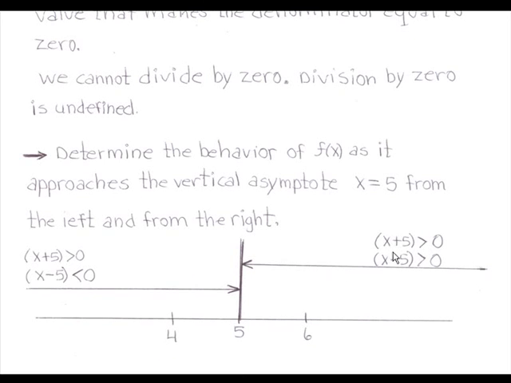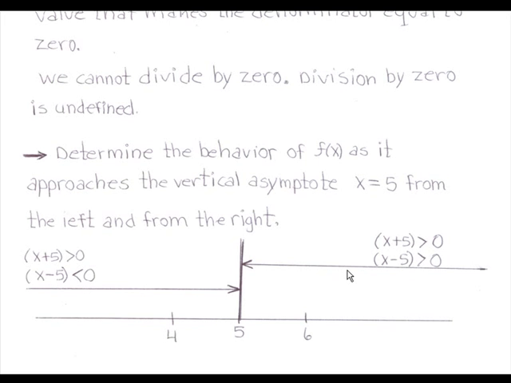Well, looking at our expressions in the denominator and the numerator, when we put in numbers that are on the left side of 5, the expression x plus 5 will be greater than 0. In this case, the expression x minus 5 will be less than 0.